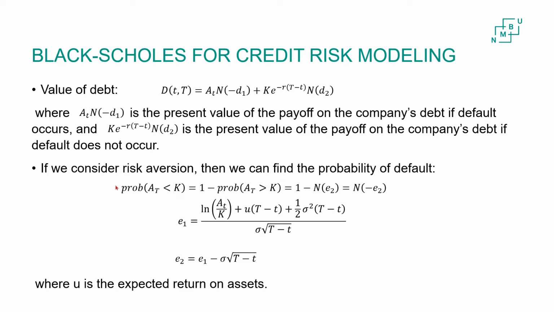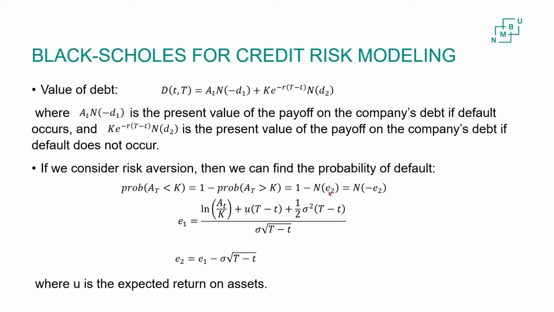This means that there is a default. It's equal to 1 minus the probability of no default, because if the asset value at time capital T is greater than the face value, then the equity holders can use the asset value to repay the debt. And this is equal to 1 minus N(E2), the cumulative normal distribution based on E2.